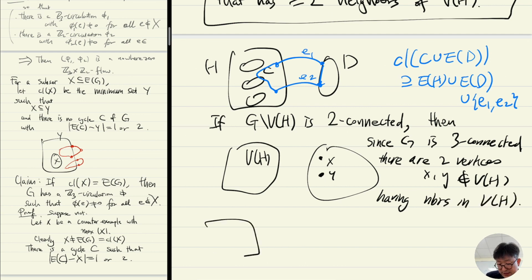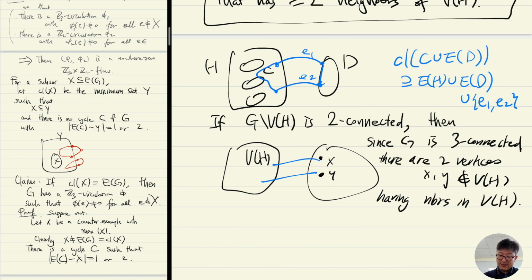If you don't have 2 vertices, let's say you only have 1 vertex having neighbors, then this will become a cut vertex, right? That will separate the graph, and that's a contradiction to the 3-connectedness. I mean, we don't even use 3-connectedness. You're only using 2-connectedness here. Anyway, that's enough.